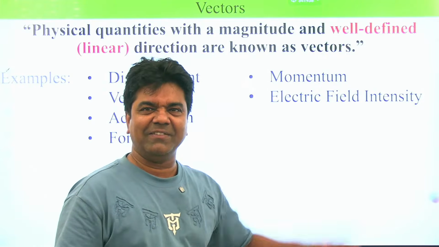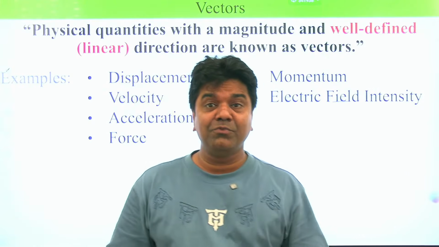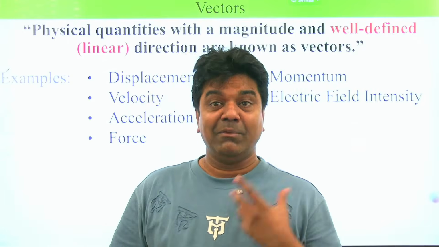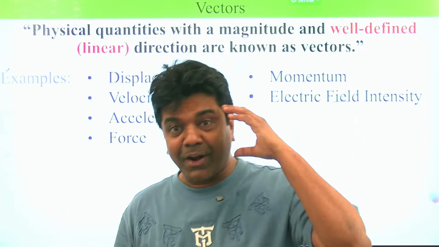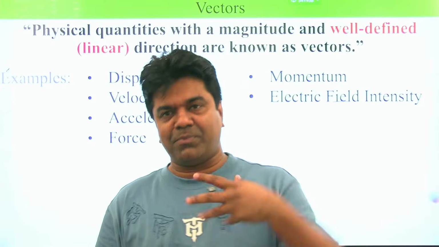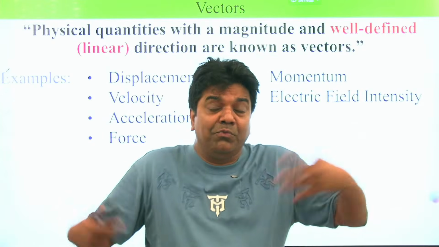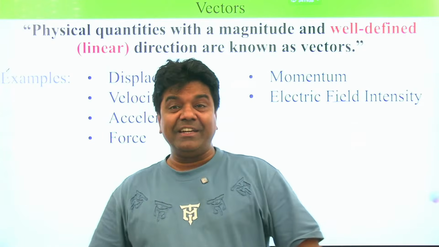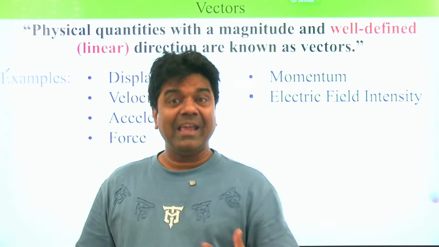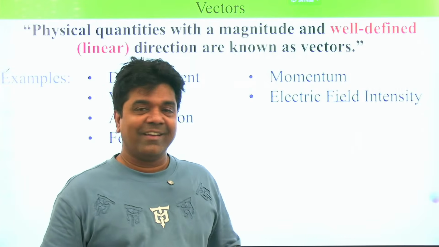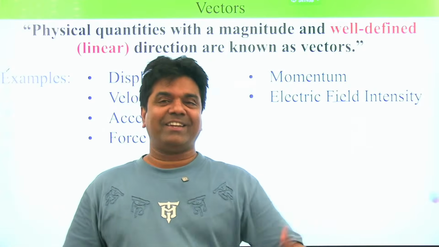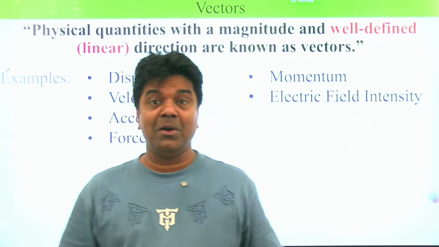Even the momentum you have learned in O levels. But electric field intensity, we are learning in unit number 6. There are a few quantities there that give us new vectors to deal with in the future.